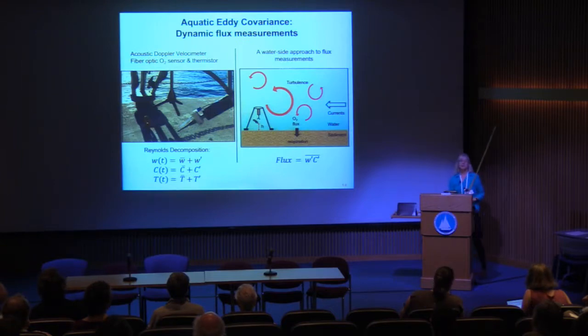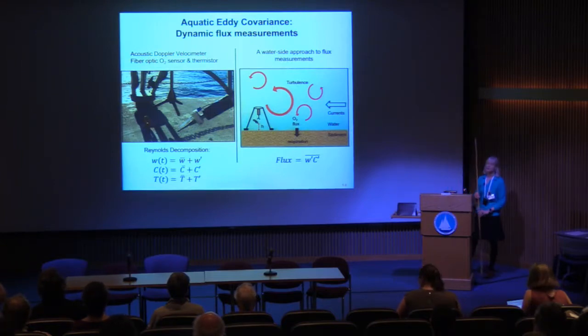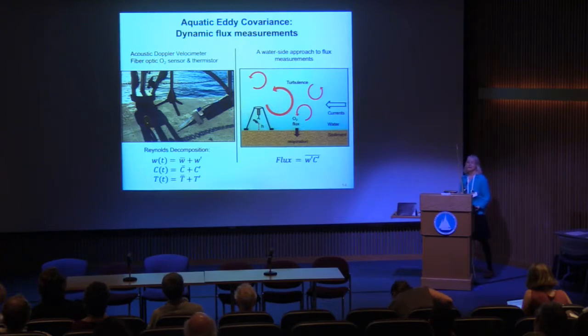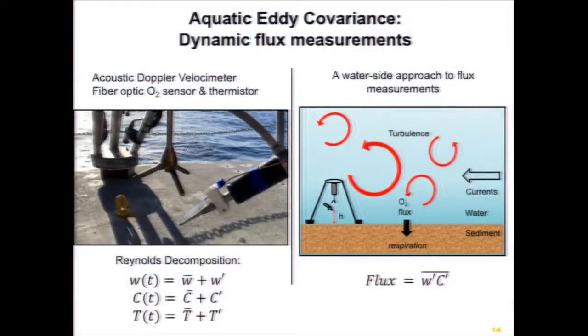Eddy covariance is a new method for assessing benthic fluxes. It's being used primarily for measuring oxygen fluxes. It requires two sets of sensors, an acoustic Doppler velocimeter that measures velocities, and, in the case of oxygen, some kind of oxygen sensor. This picture shows a fiber optic oxygen sensor together with a thermistor.